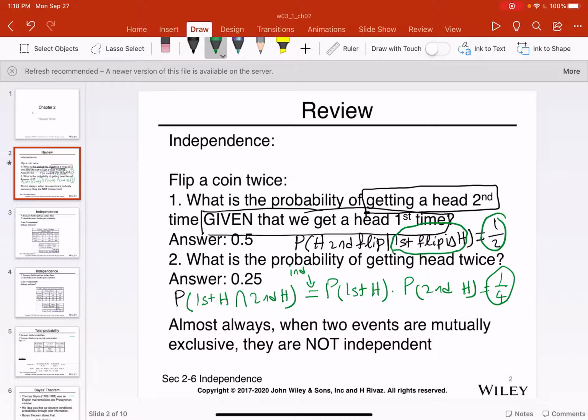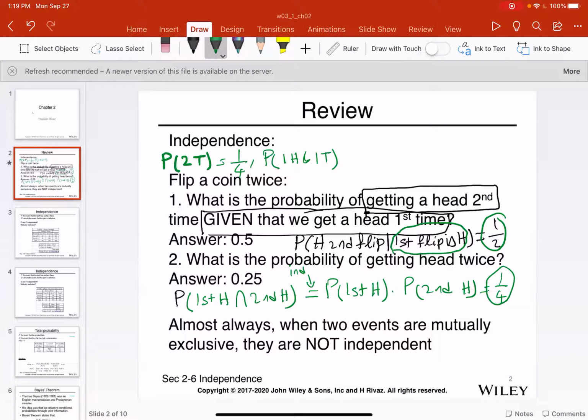So let's explain it here, right? So the probability of getting 2 heads, we just calculated, is 1 divided by 4. The probability of getting 2 tails is also 1 divided by 4, right? Because we want to get a tail the first time and a tail the second time, right? And finally, the probability of getting 1 head and 1 tail, right? So when we say we want to get a head and a tail, it means that we don't really care about the order, right?